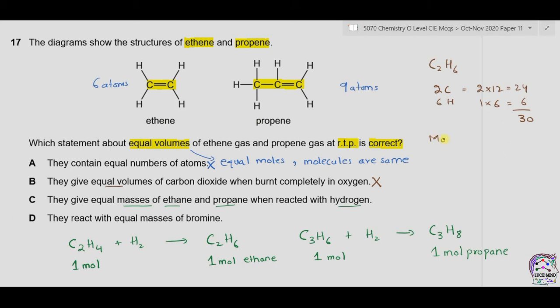So mass in grams is equal to moles into molecular mass. Number of moles is 1. So 1 into 30 equals 30 grams. So ethane produced is 30 grams. Similarly, for propane there are 3 carbon atoms and 8 hydrogen atoms. So 3 into 12 for carbon, while 8 into 1 for hydrogen.